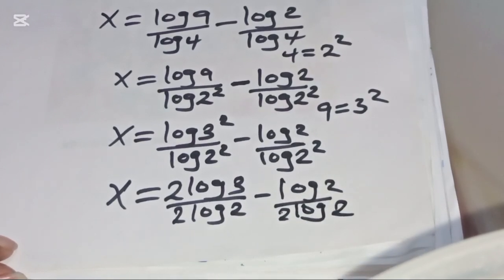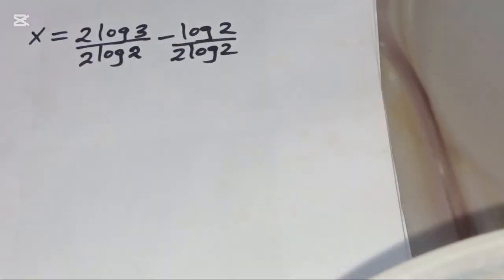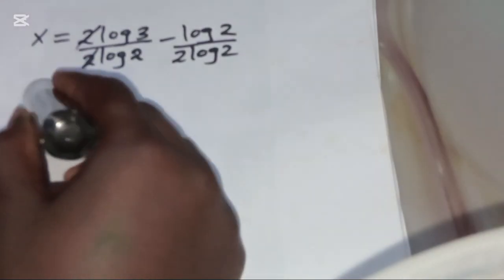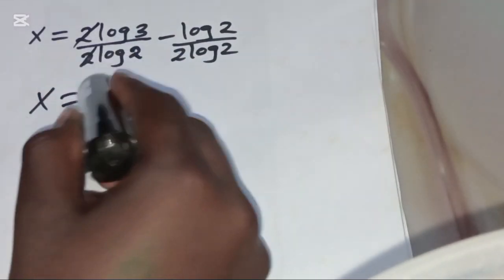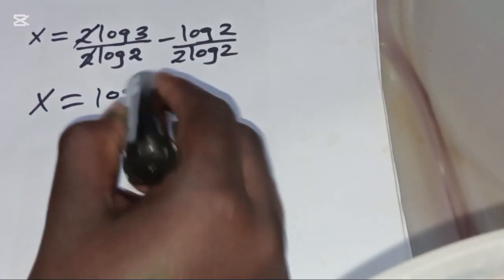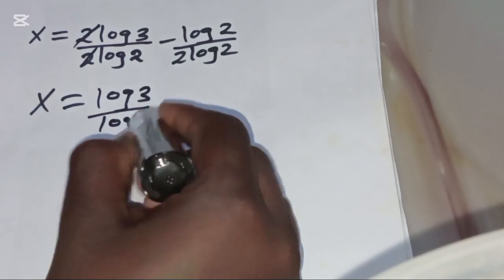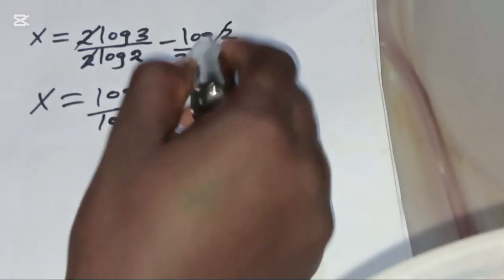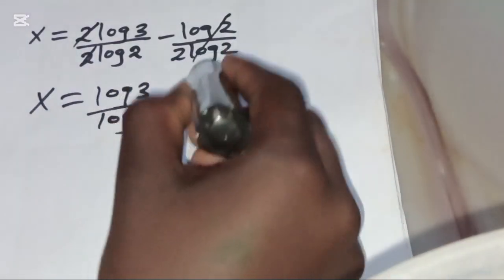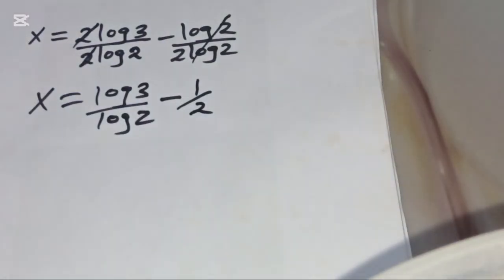Let's proceed by simplifying this. The 2 and 2 simplify, so x is equal to log 3 divided by log 2 subtract, now log 2 and log 2 simplify, so this is basically a half.